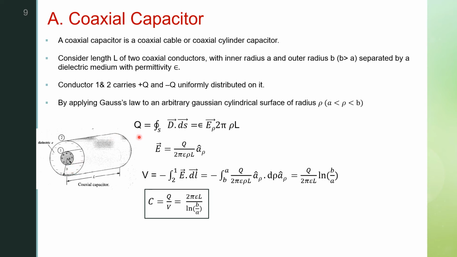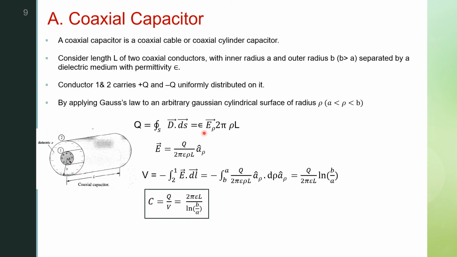So what does Gauss's law say? It says the total charge enclosed is equal to the flux. So we have Q is equal to the closed integral of D dot dS, and we know what D is. D is equal to epsilon E, and here we have only one component, the rho component.